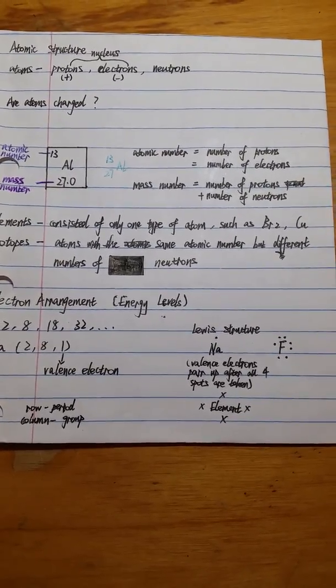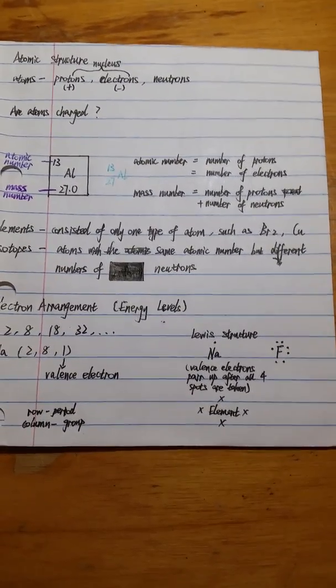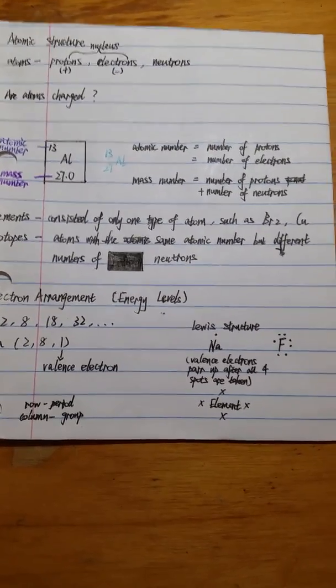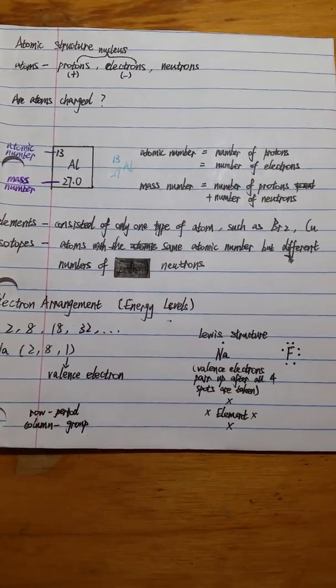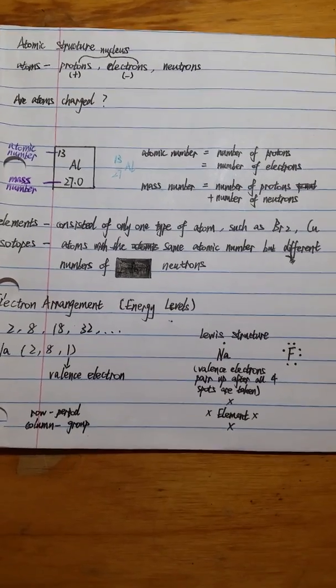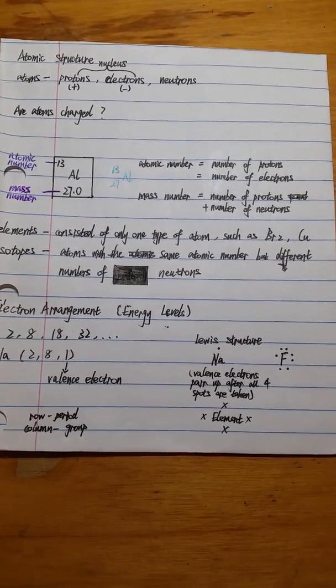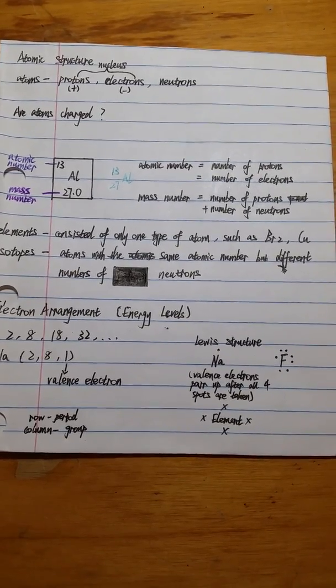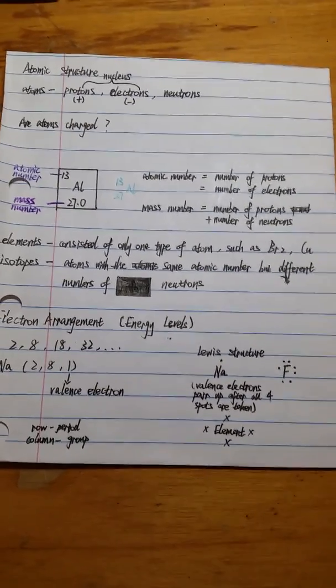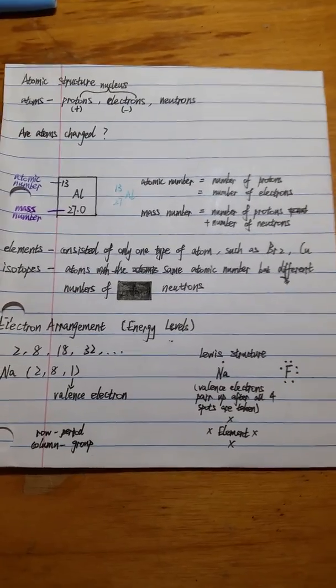Gaining electrons means it now has more electrons than protons, thus becoming negatively charged, called an anion. Losing electrons means that it now has more protons than electrons, thus becoming positively charged, called a cation.